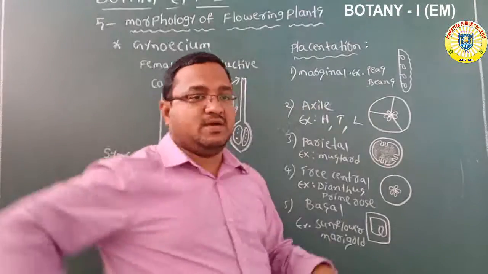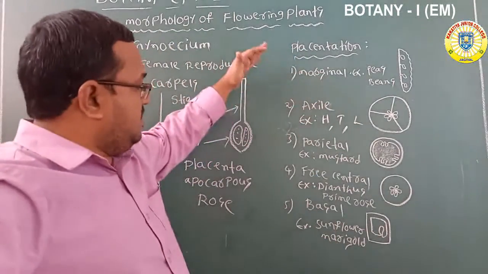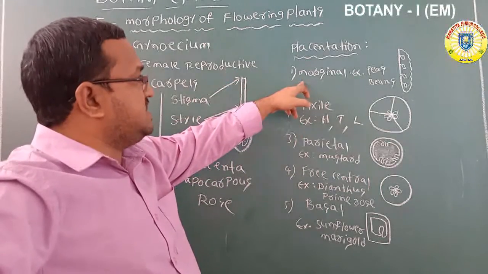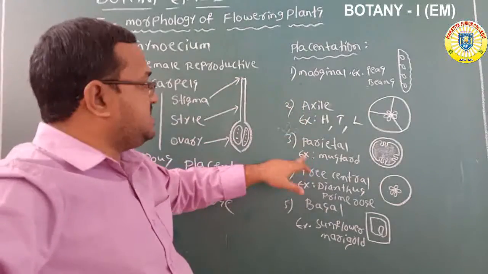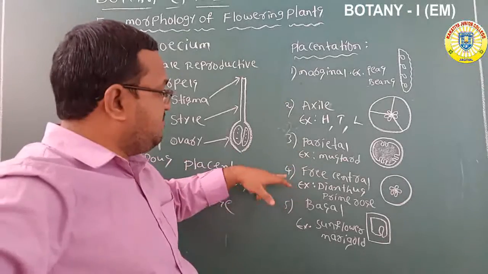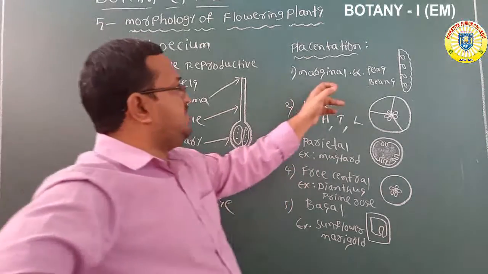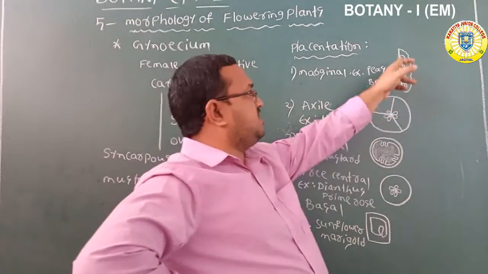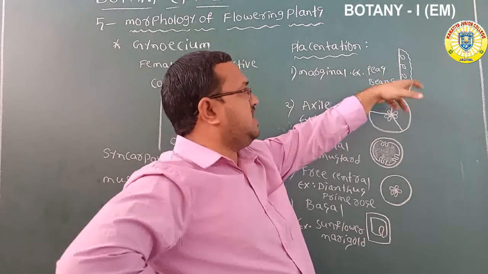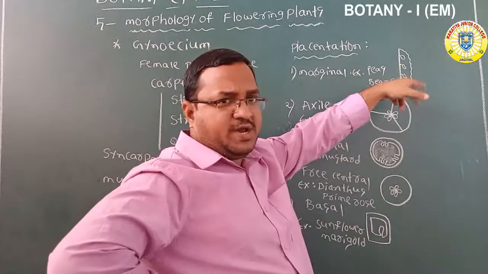Very important topic. Okay, placentation is mainly of 5 types: marginal placentation, axial placentation, parietal placentation, free central placentation, and basal placentation. In marginal placentation, the placenta develops as a ridge along the ventral suture of the ovary.